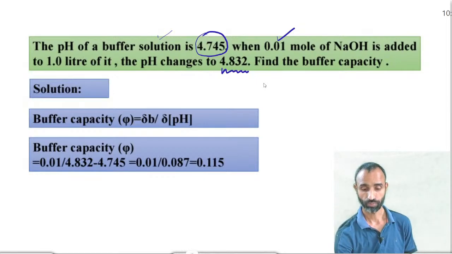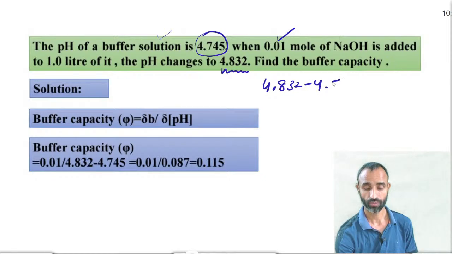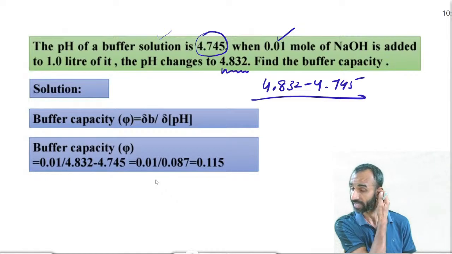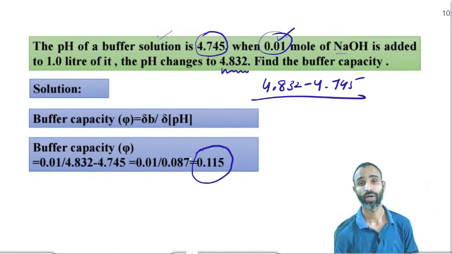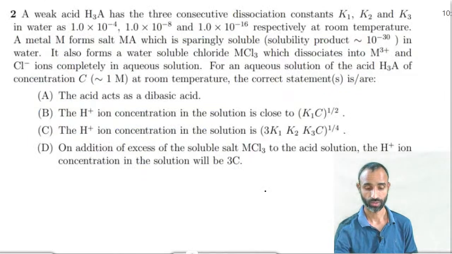The pH change is 4.832 minus 4.745, which comes out to be 0.087, and 0.01 moles of NaOH are added. So it comes out to be 0.115. That is the buffer capacity of the buffer solution.